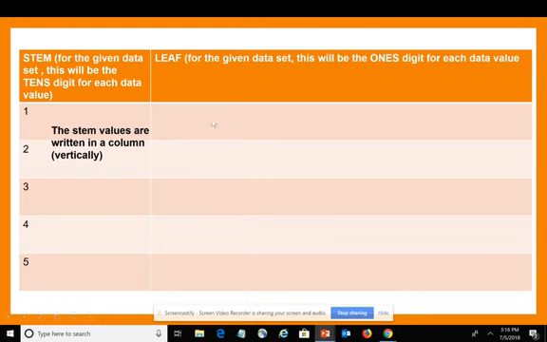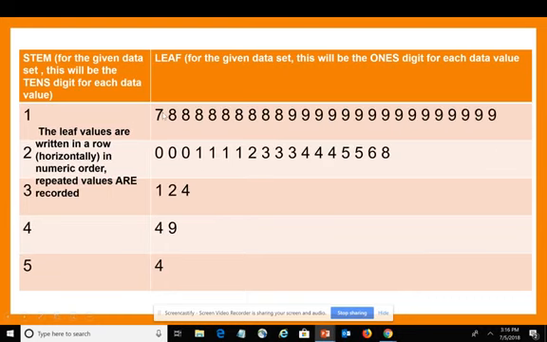For the leaves, in this case, we said it would be the ones digit. The leaves are listed horizontally in numeric order next to the appropriate stem, and if they occur multiple times, you list them multiple times. So I can see here that there were 3 students who were 20.